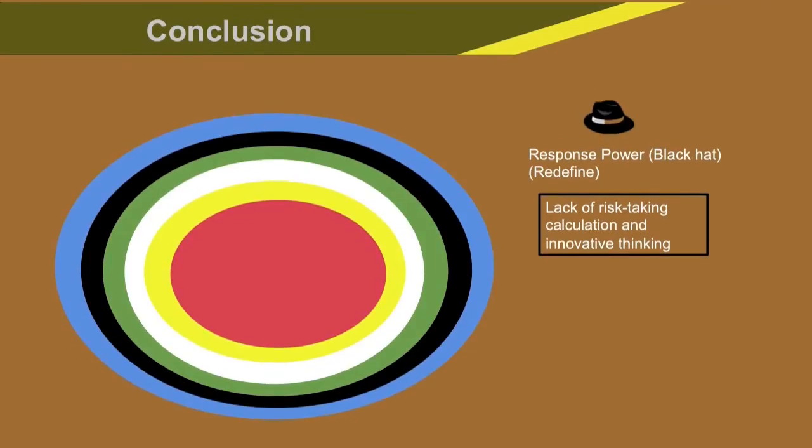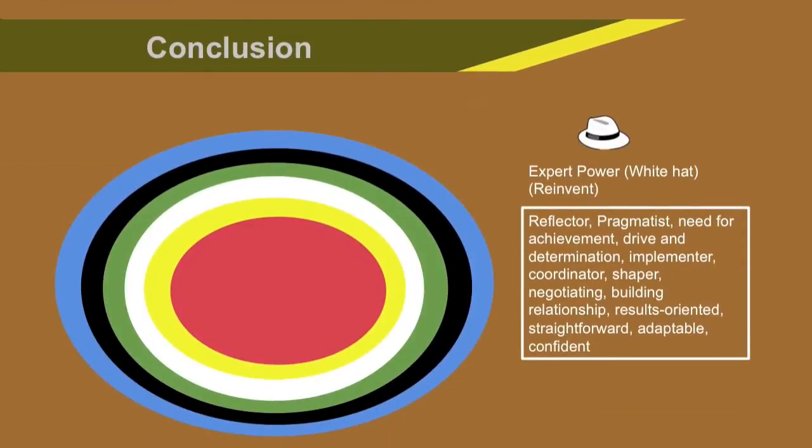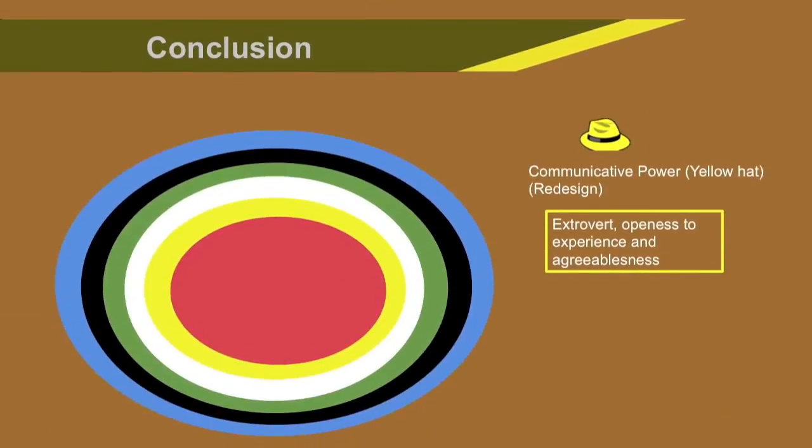The third one is green hat, which indicates an adaptive power, where I am rethinking to focus on my mission, vision, and values. The fourth one is white hat, which indicates my expert power, where I am reinventing my individual competence. The fifth one is yellow hat, which indicates a communicative power, where I am redesigning myself according to my personalities.